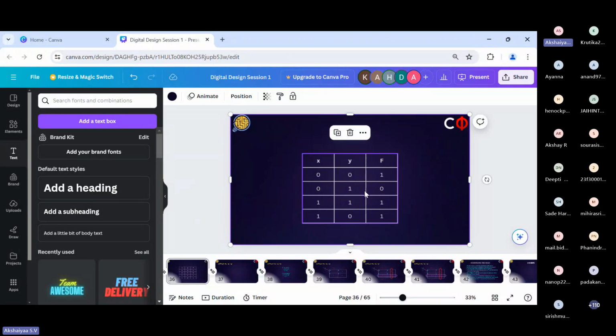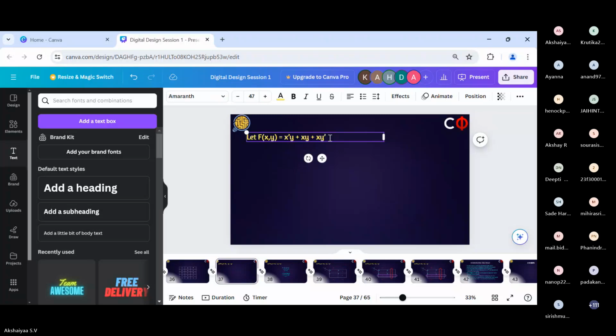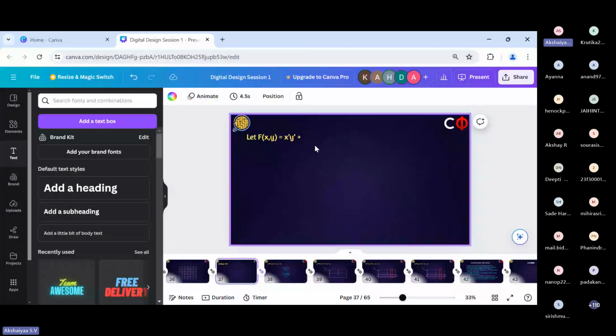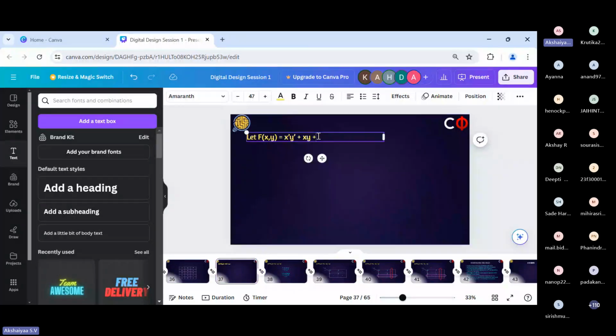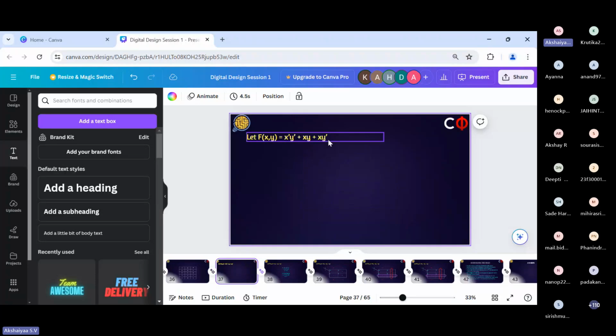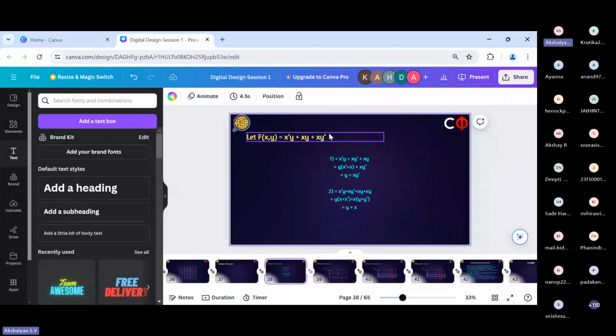So I'll change the function. So it's going to be x prime y prime plus xy plus xy prime. Yeah, so that is the function which we are going to be having right now. So I'll change it in all these slides. I'll leave it in this slide.